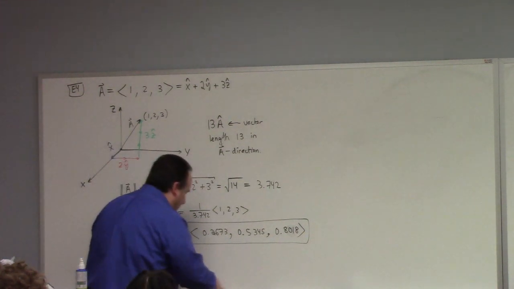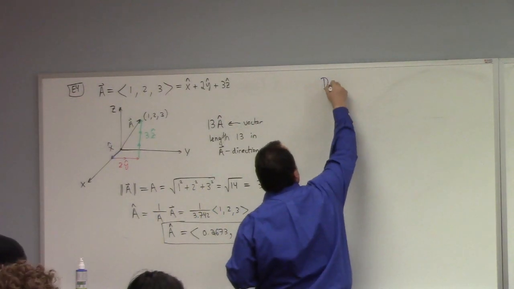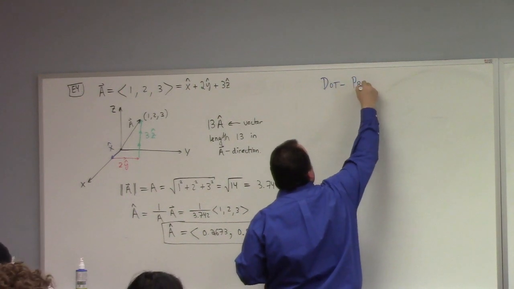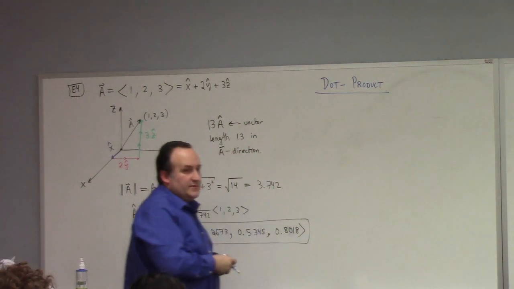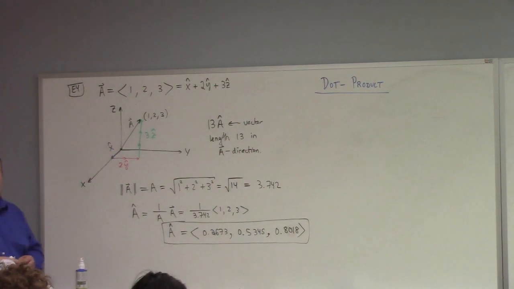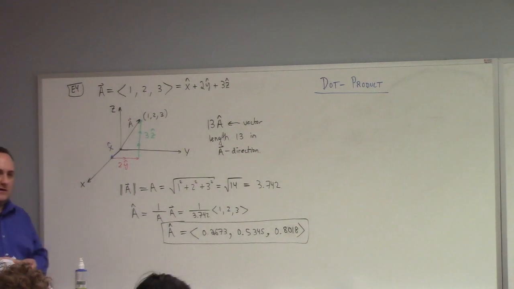So at this point, it's time for me to introduce for you the dot product. The dot product, or the scalar product, is extremely important, and it helps us fill in the gap in terms of the geometry of 3 dimensions.